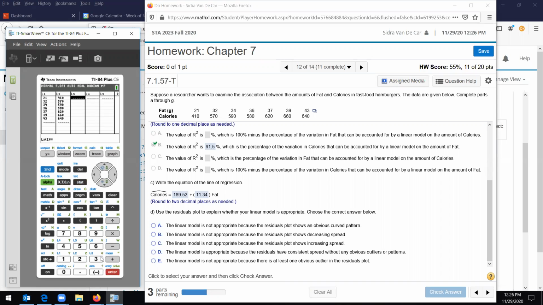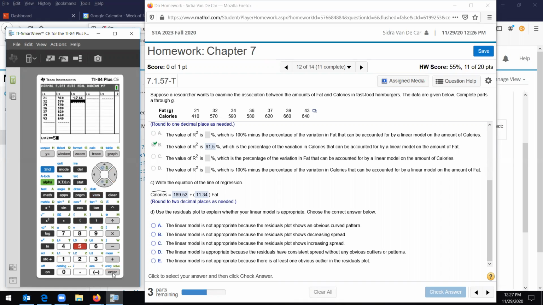And here we're going to do, let's see if this will work. 410, that value, minus, that's our observed minus the predicted. So now I'm going to go up here and go to vars, y variable, function, y1 of 21.